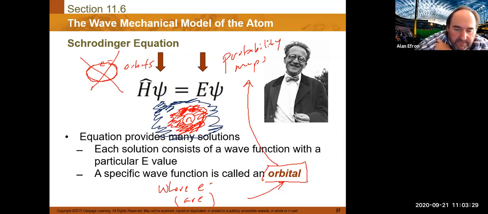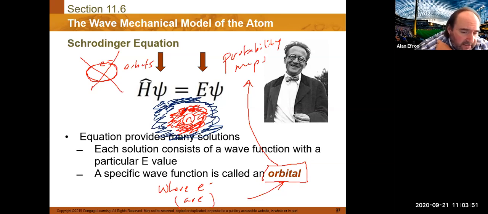Now, just because there's a probability of finding an electron somewhere in the atom, it doesn't necessarily mean that we know exactly how it's traveling or where it is at any given point in time. There's just a very good probability in this red area that we would expect to find an electron there, not knowing exactly how it traveled, how it got there, or anything like that.